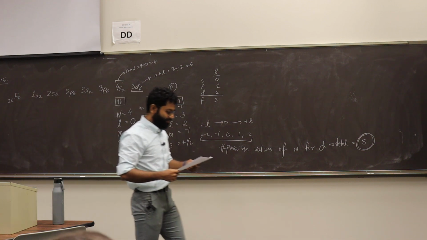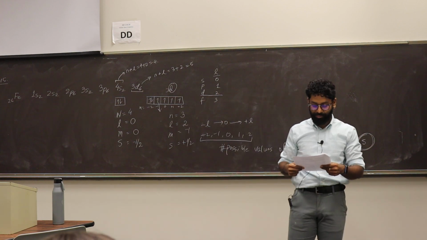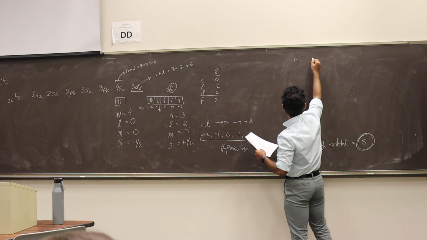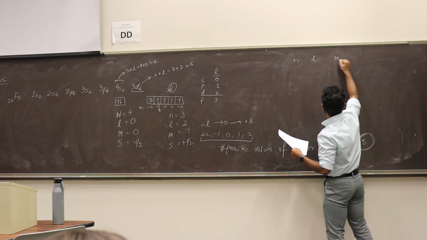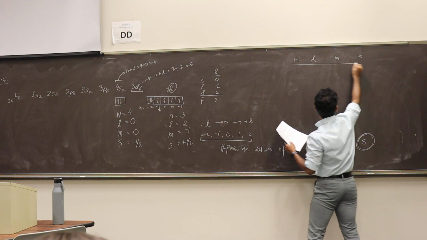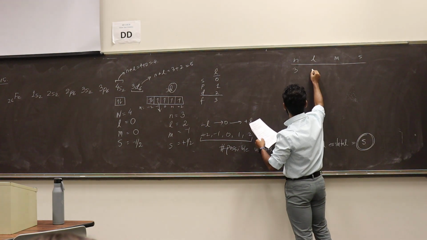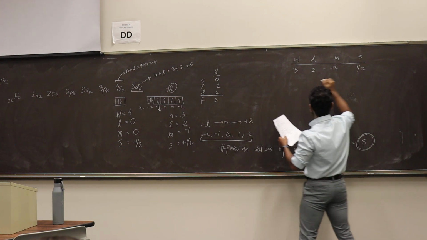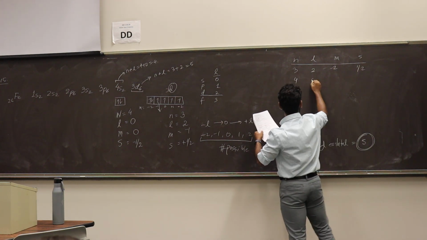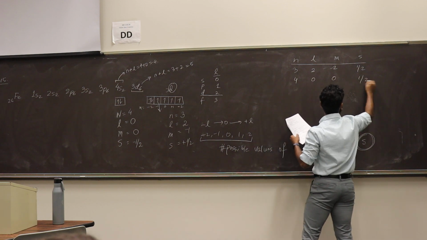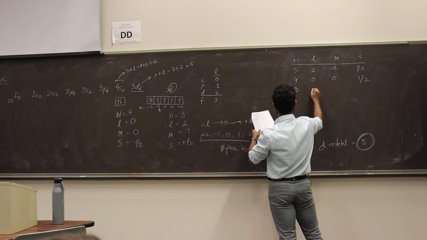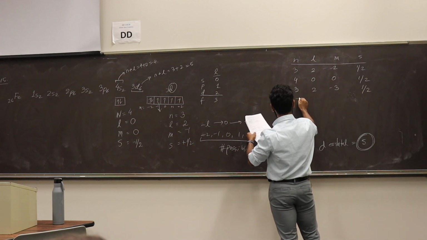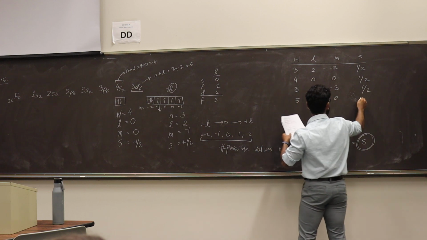So the question is, which of the following sets of quantum numbers represent an impossible arrangement? So the arrangements are 3, 2, -2, plus half, 4, 0, 0, half, 3, 2, -3, half, 5, 3, 0, half.